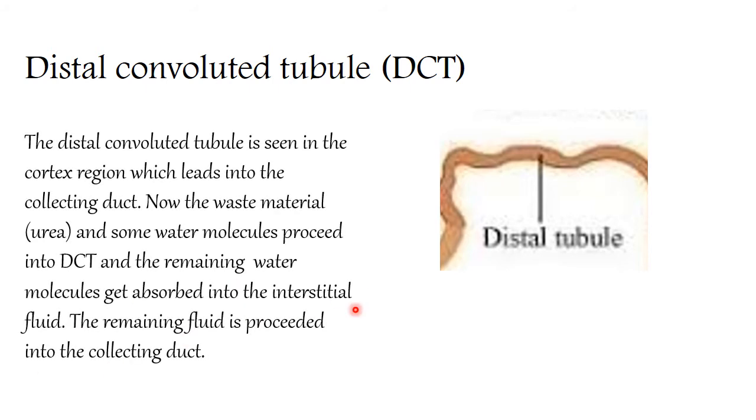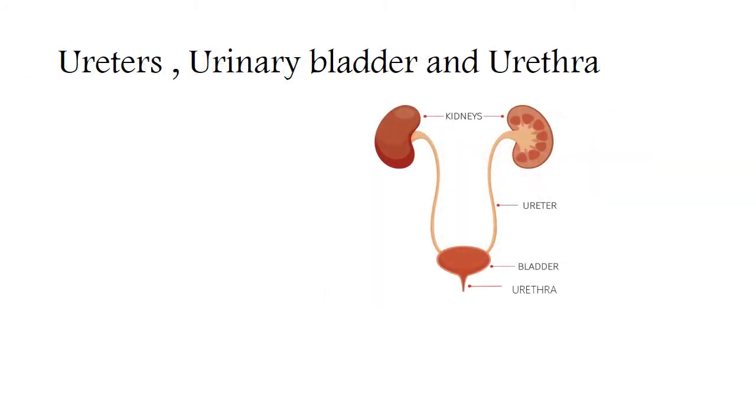In a DCT, the remaining water molecules are absorbed into the interstitial fluid. DCT is seen in the cortex region and it leads to the collecting duct. The remaining fluid, which is nothing but urea, proceeds into the collecting duct.